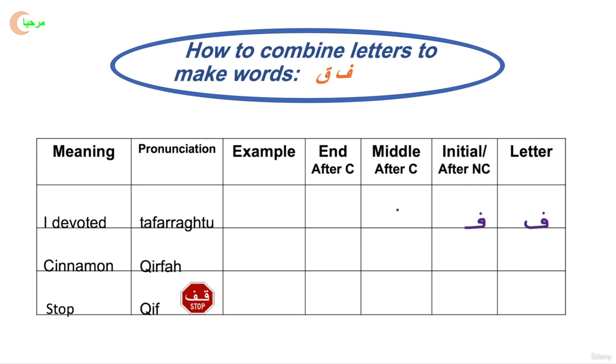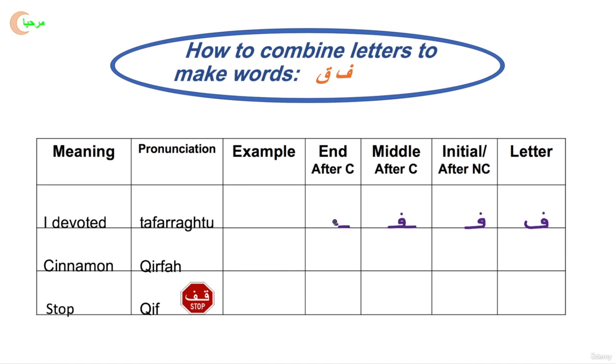Now when it's in the middle, after a connector, we will need the connection, and then the circle, and then we go down again. And remember not to close the door because the fa is not at the end. And don't forget the dot above. At the end, since it's after a connector here, then we will need the connection.